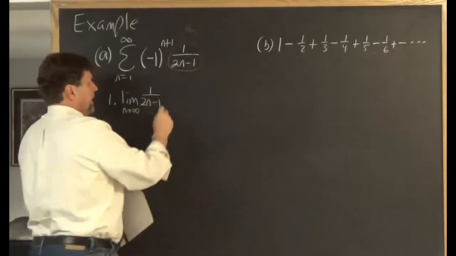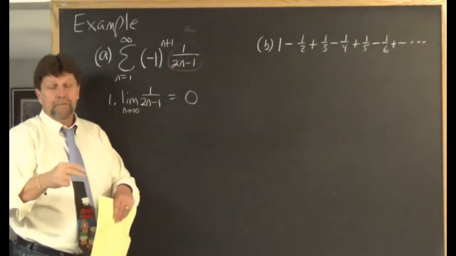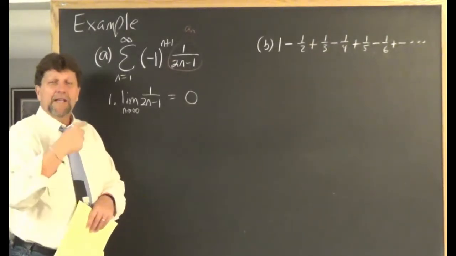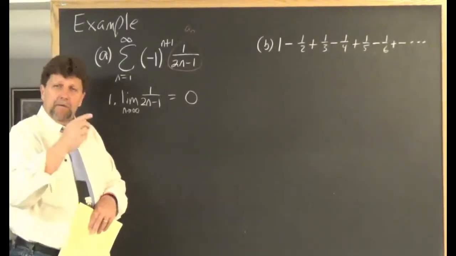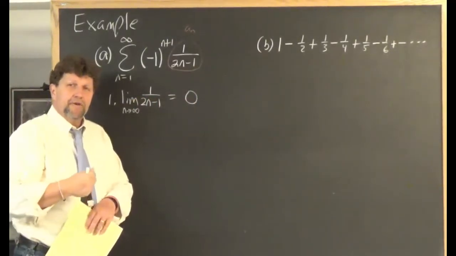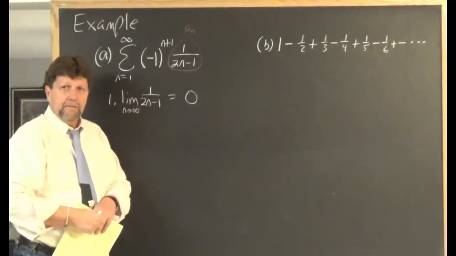As n goes to infinity, this is a pretty easy limit. We immediately see the limit is 0. So we've satisfied condition 1. And remember, this is really just the nth term test for divergence that's built into the alternating series test.